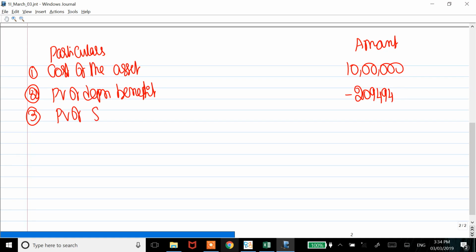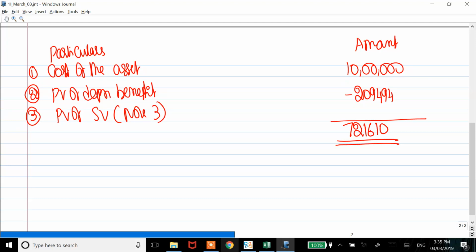Salvage value, in bracket note 3. The only thing which I know is it should add up to 721,610. This is the only thing which I am aware of at this point of time. I want this to add up to 721,610.